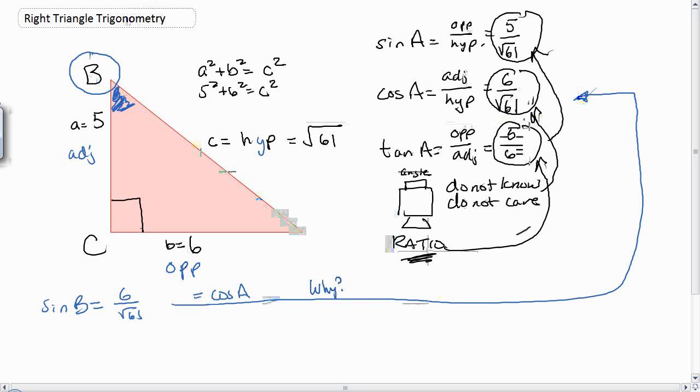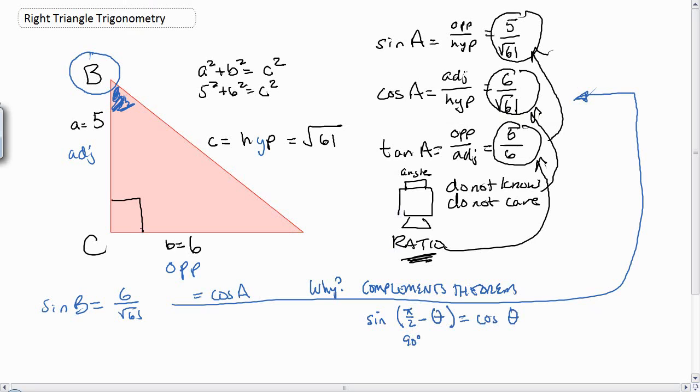That would be known as the complements theorem. The complements theorem goes back to the last chapter, which says that if you take the sine of an angle subtracted from pi over 2, which in this case would also be 90 degrees, it would equal the cosine of the original angle.